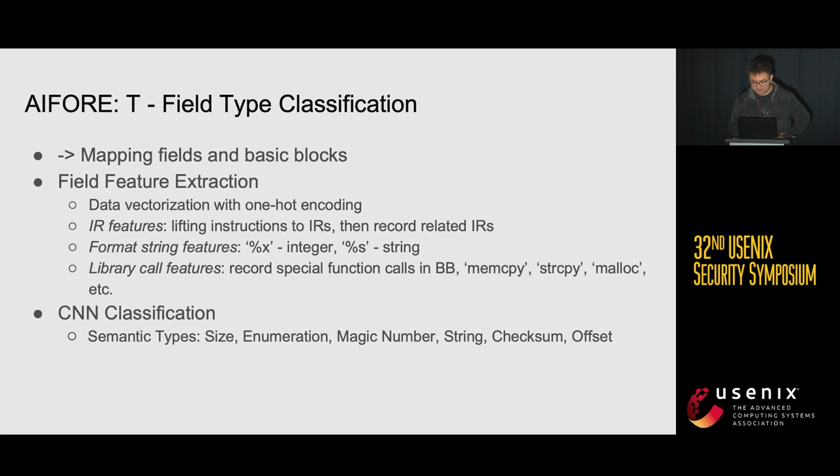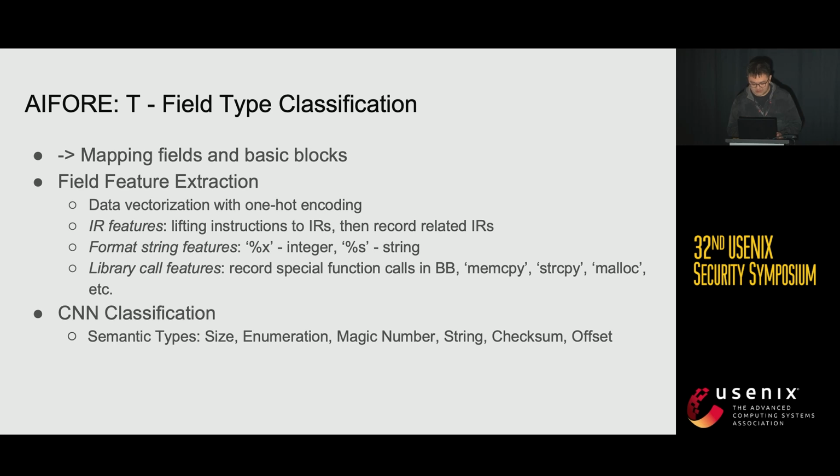Given the mapping between fields and basic blocks, we mainly use CNN to classify the field type into 6 semantic types based on 3 features. First, IR feature, that is, the instructions related to the target field. We use the intermediate representation IR because IR is simpler than native instructions and has more clear semantics. Second, format string features.